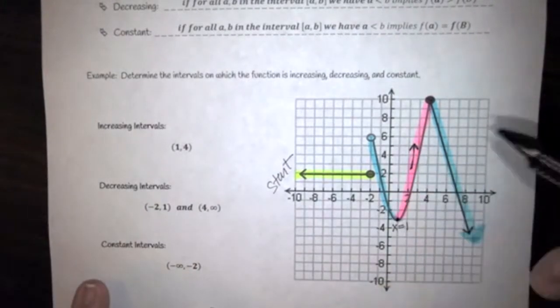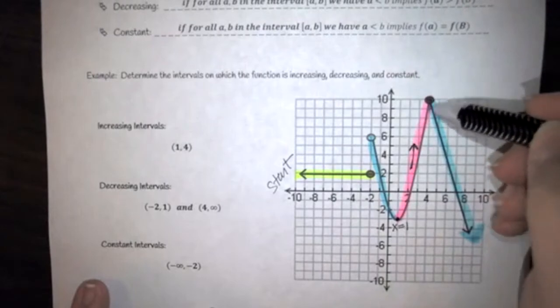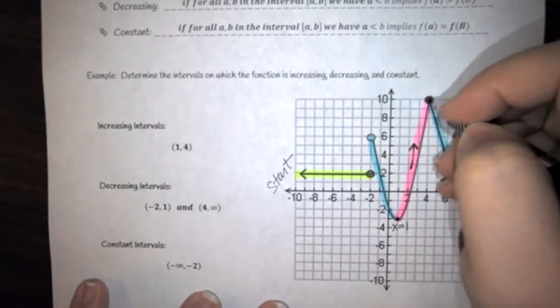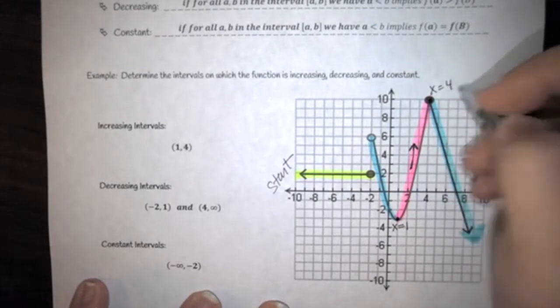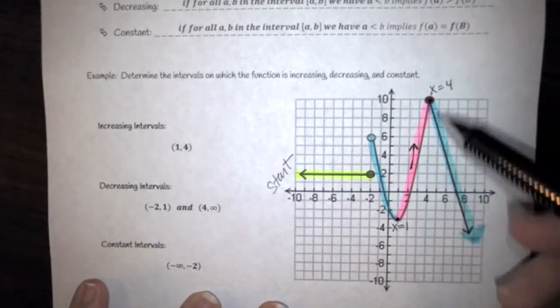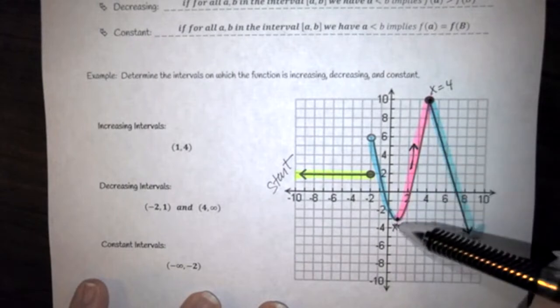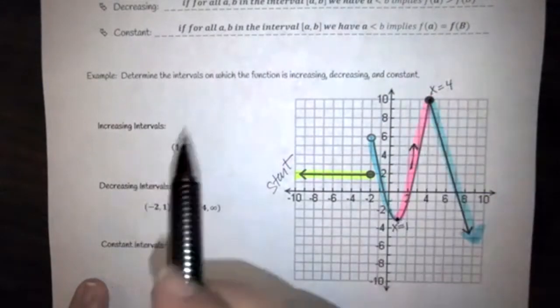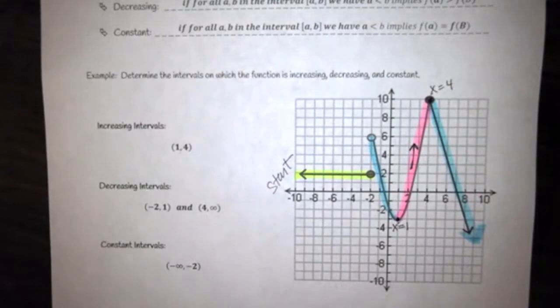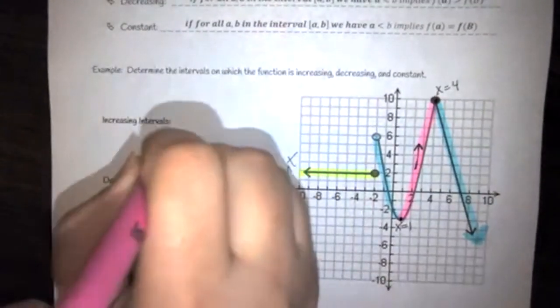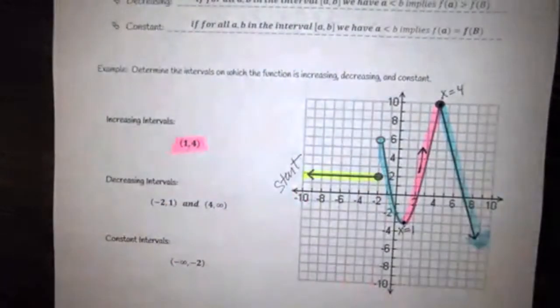And we are going to travel all the way through until this point here, which you can see is going to be this value at x equals 4. And so my interval of increase is going from 1 to 4. So hence, this is my interval right here that I'm using. And so this is my increasing piece. Okay.